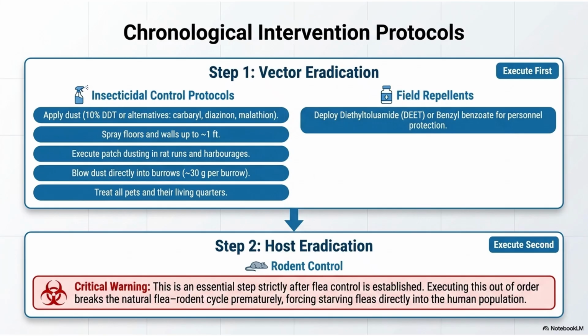Because if fleas are there and we eradicate rodents, then there will be no rodents and there will be many fleas. These fleas will be starving because of no rodents, and they will bite humans aggressively, which will lead to increased disease in the human population again. That's why vector control should be done first. After that only, host eradication, which is rodent control, should be done.